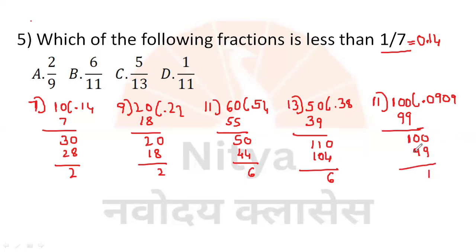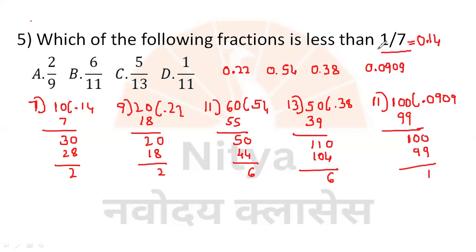Again that goes on. Okay, so see here, the question is which of the following fractions is less than 1 by 7. Check the options. The first option's answer is 0.22, and 0.54, and 0.38, 0.0909.